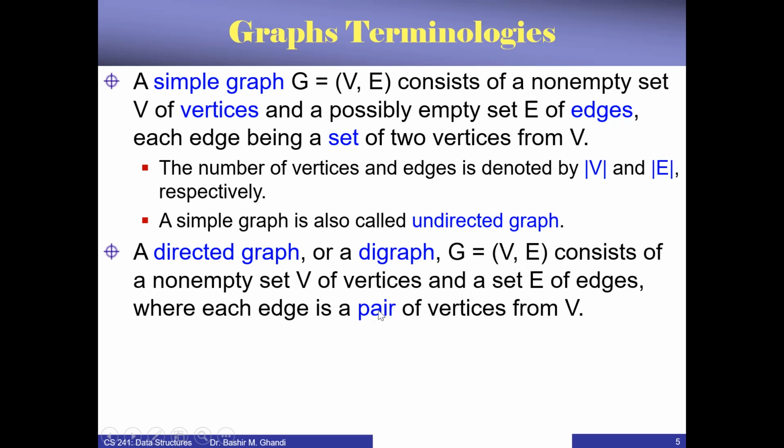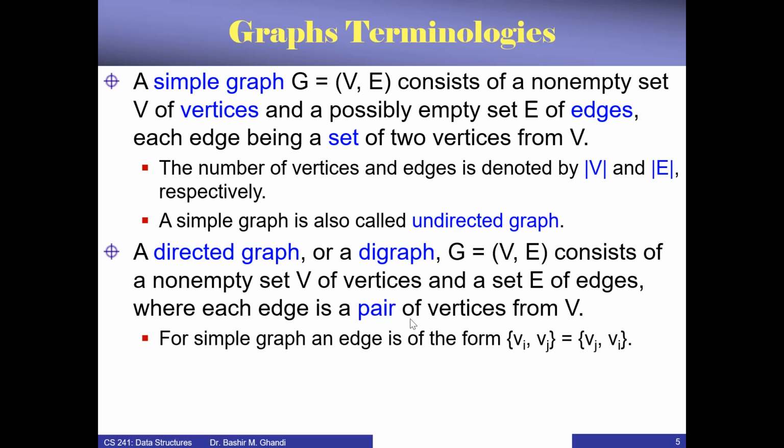Now notice the difference. Here in undirected graphs, we call the vertices that the edge is connecting a set, whereas here it's called a pair. What is the difference? Well, this is the difference. For a simple or undirected graph, an edge is in the form of a set containing Vi, Vj.